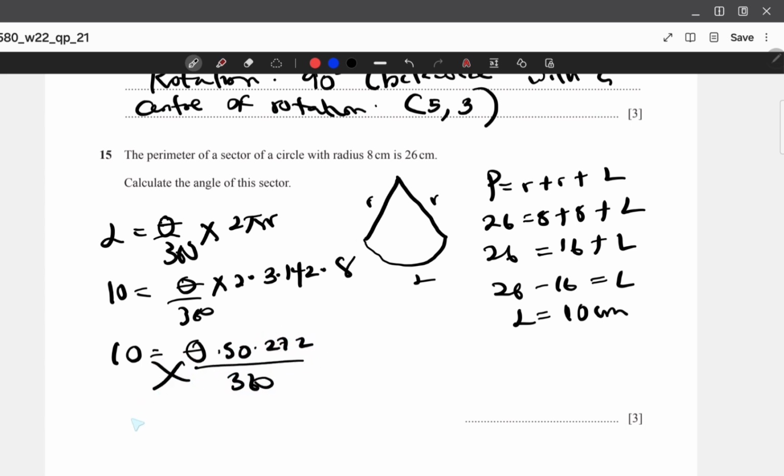So if we cross multiply, theta will be 3600 divided by 50.272. Our answer is 71.6, approximately 72 degrees, but let's leave it at 71.6.